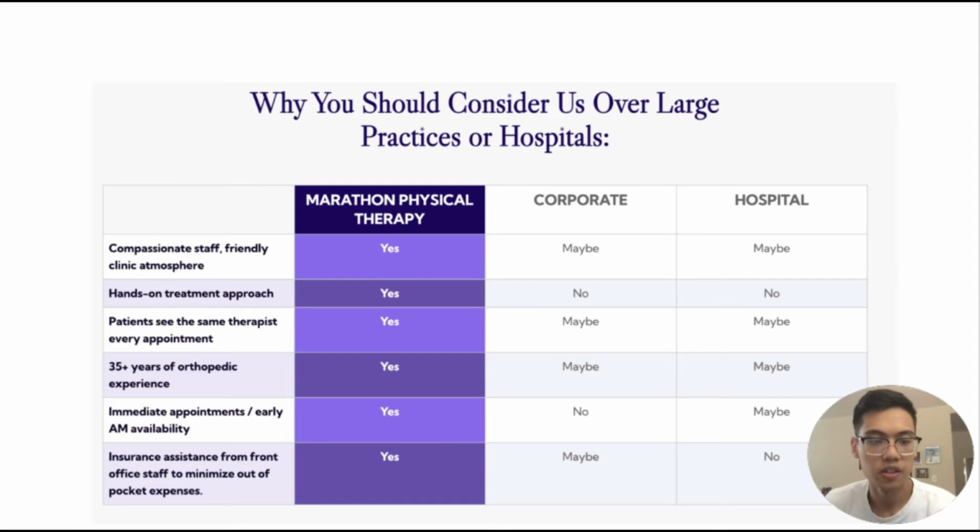So this example here of this nice little chart helps demonstrate to the website visitors why they should choose this physical therapy practice over the large corporate franchises and hospitals in the area. Some of the things that they include are compassionate staff, friendly clinic atmosphere, hands-on treatment approach, patients see the same therapist every appointment, 35 years of orthopedic experience.